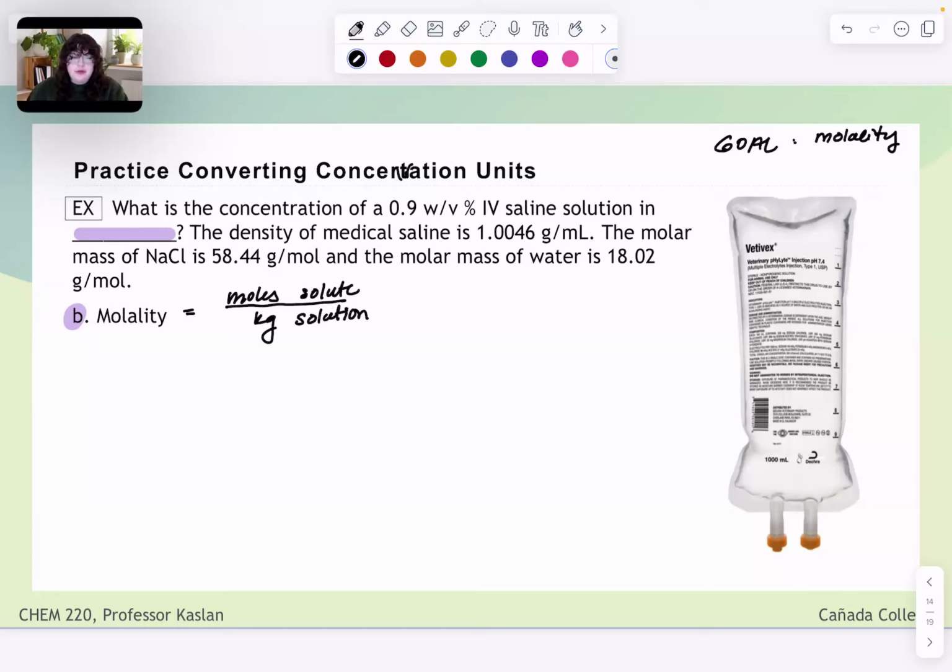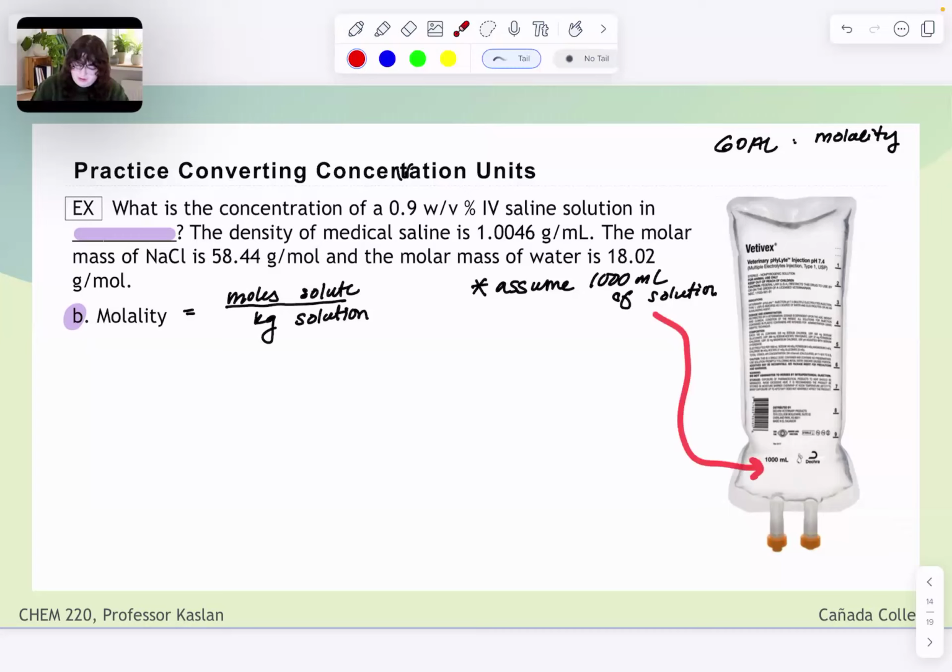And if you think back to what we assumed, let's keep that assumption going. We assume that we have 1,000 mLs of solution because that's what it says here on our little label.